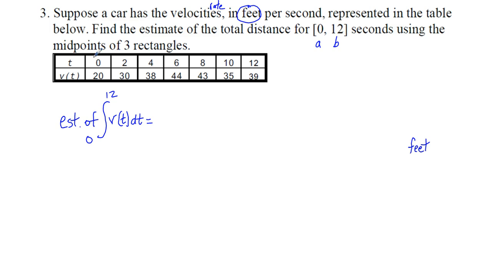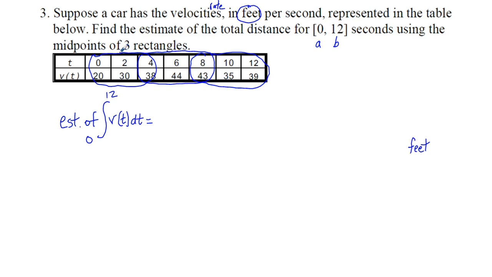And so what we're looking for, midpoints of 3 rectangles, we're looking at the rectangle that comprises these data points here. And the next rectangle is going to be this one here. And the last one is going to be this one over here. So these are the 3 rectangles that we are going to compose.